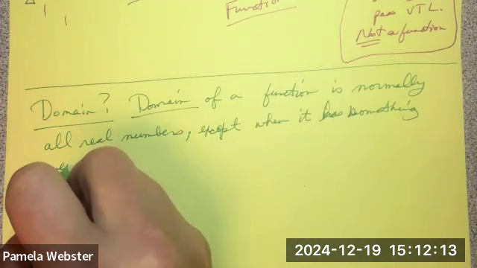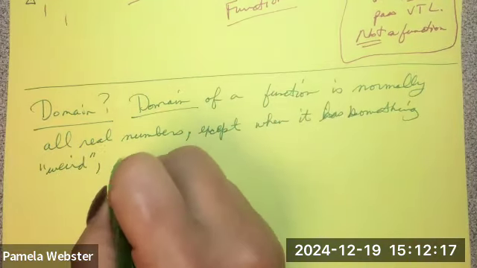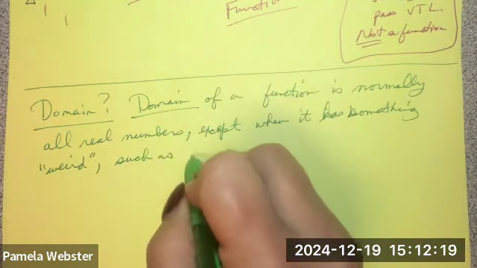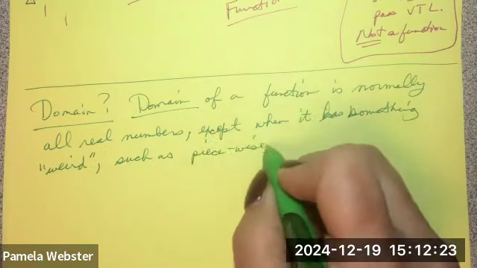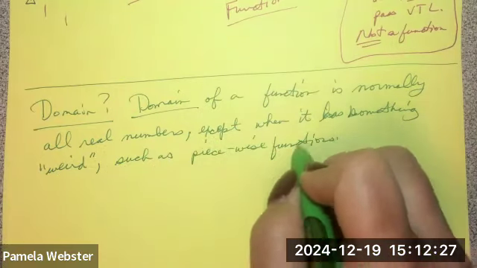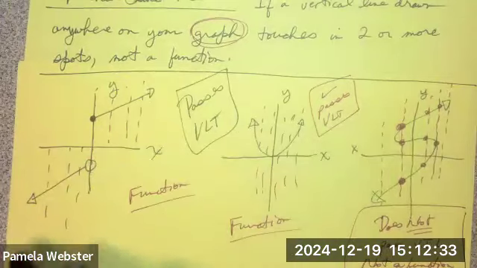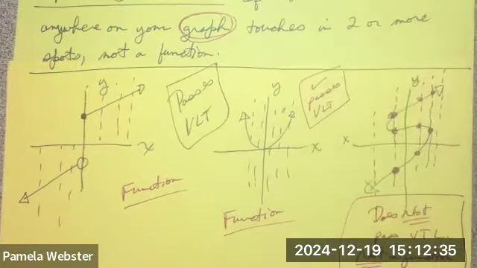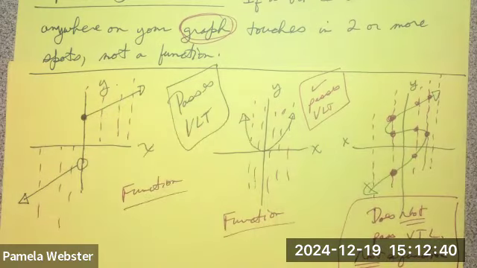Something weird. That's a Webster word, not part of a definition. Such as piecewise functions. If I have a piecewise function, like what I drew up here earlier, where it's in two parts, two pieces, then I'm going to be worried about what's going on with the domain, right?